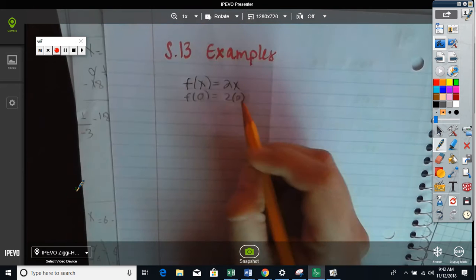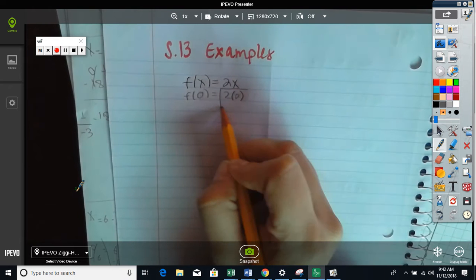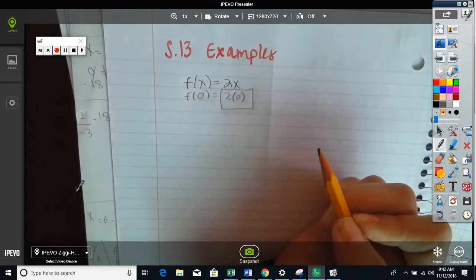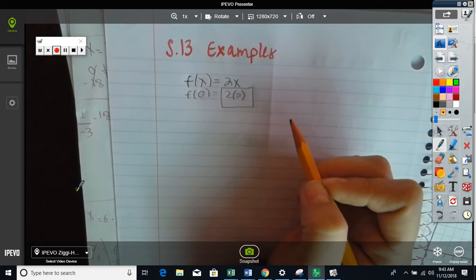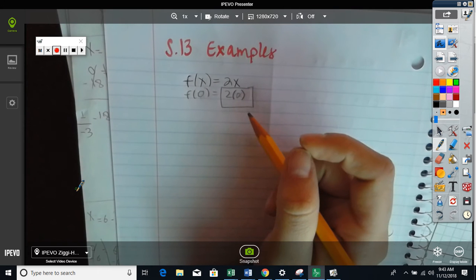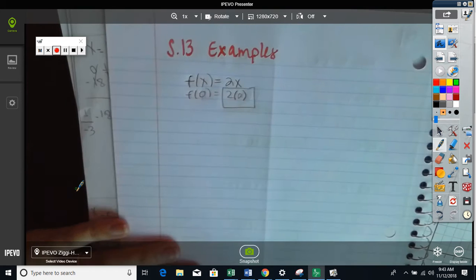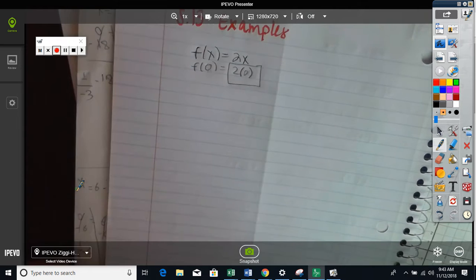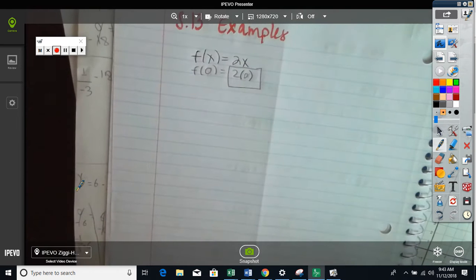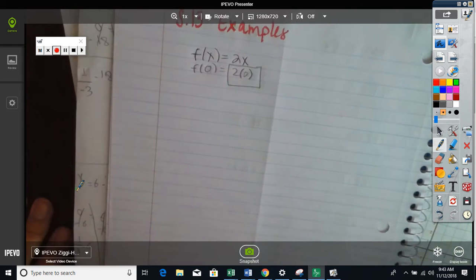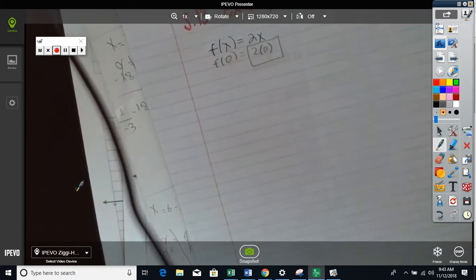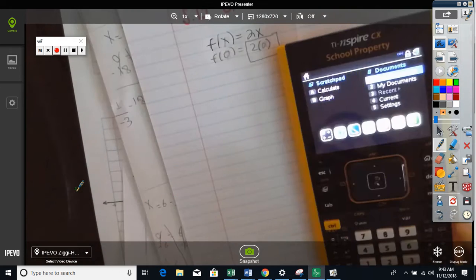You could do that in your head, or you could put this part only in the calculator. Will you hand me a calculator, please? Like I said, you could just do it in your head, but if multiplying is not the best for you, just put it in your calculator.